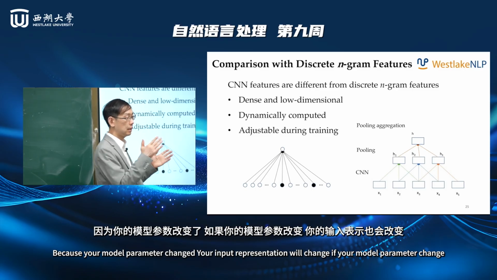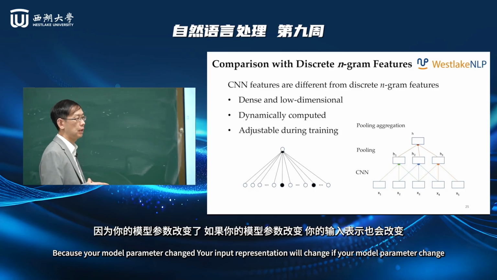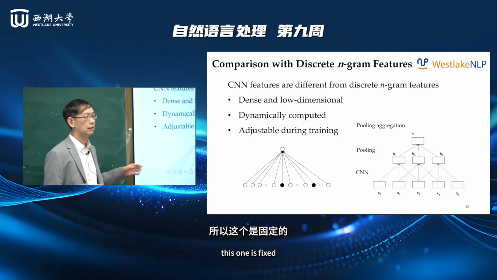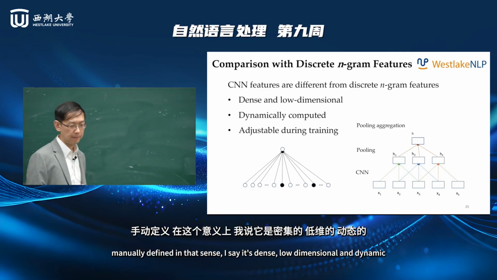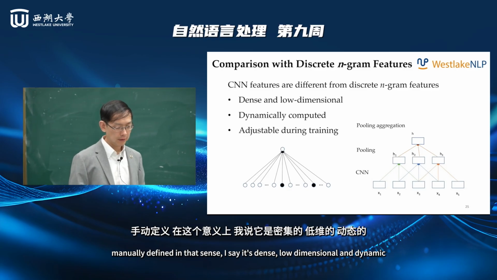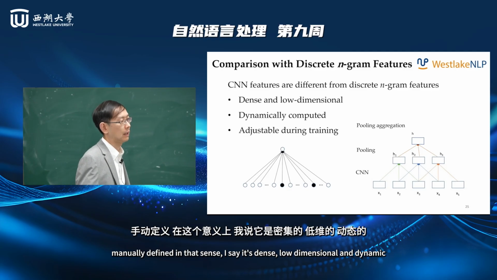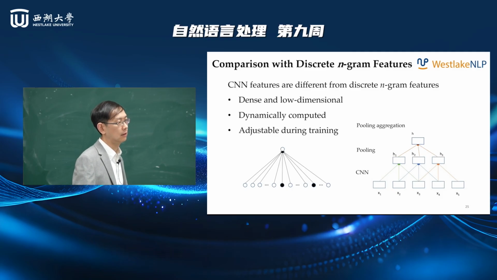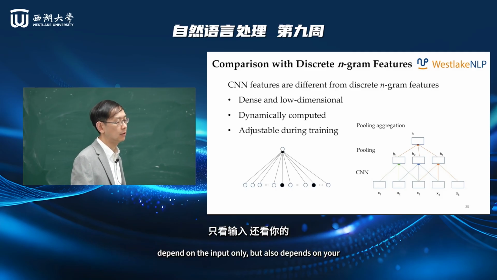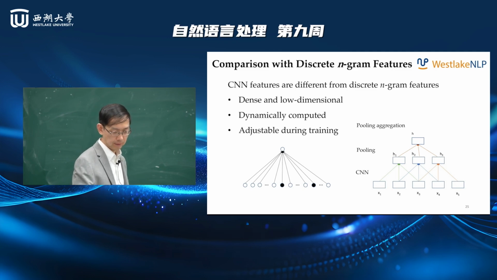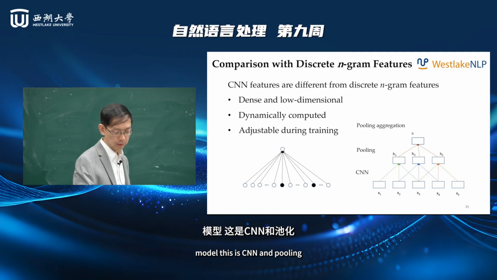So your input representation will change if your model parameters change. So this one is fixed. Okay, it's manually defined. So in that sense, I say it's dense, low dimensional, and dynamic. It doesn't depend on the input only, but also depends on your model. All right. So this is CNN and pooling.